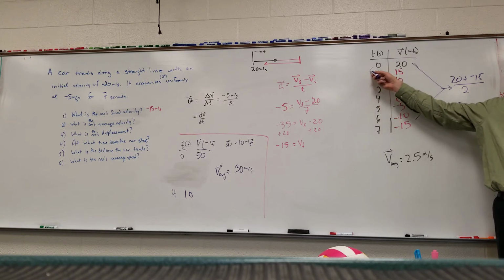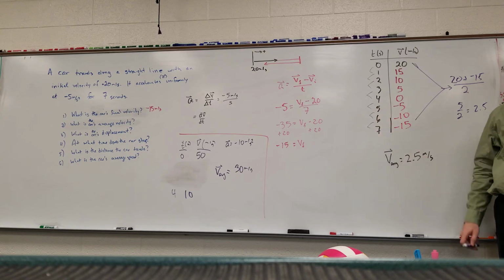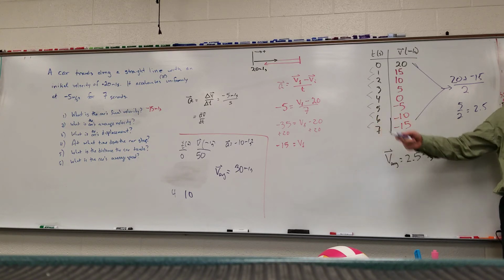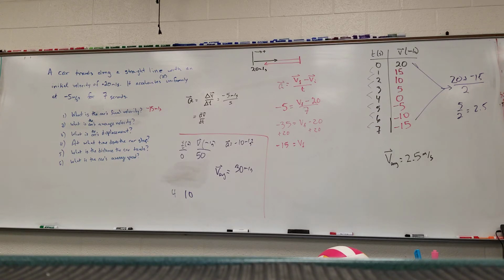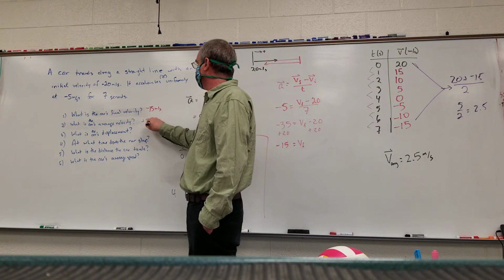So the difference in time has to be the same all the way down. Or just shortcut it and take the first and the last one, which works regardless of the rest of it, if acceleration is constant, which it is. All right, so average velocity, positive 2.5 meters per second.